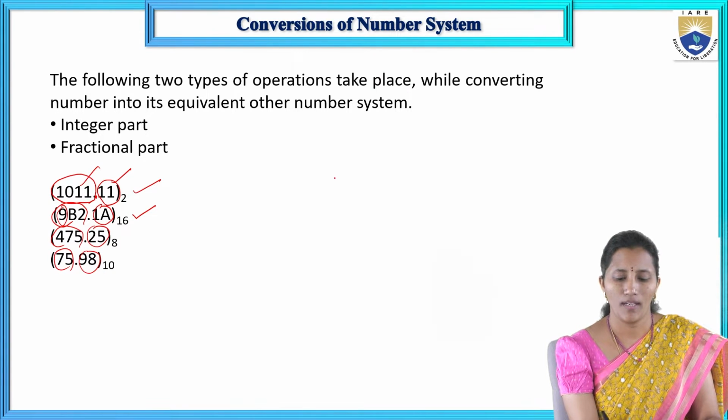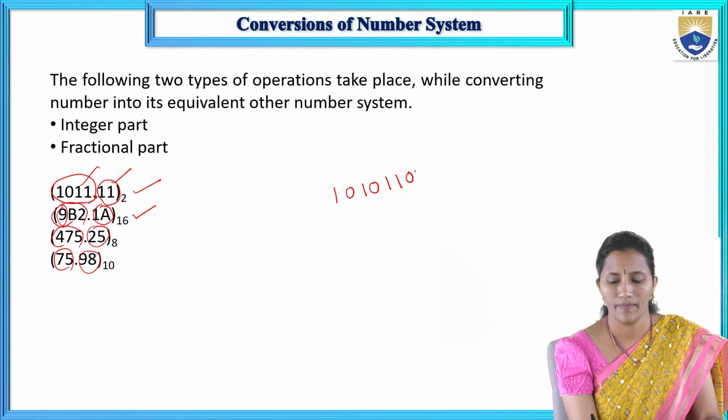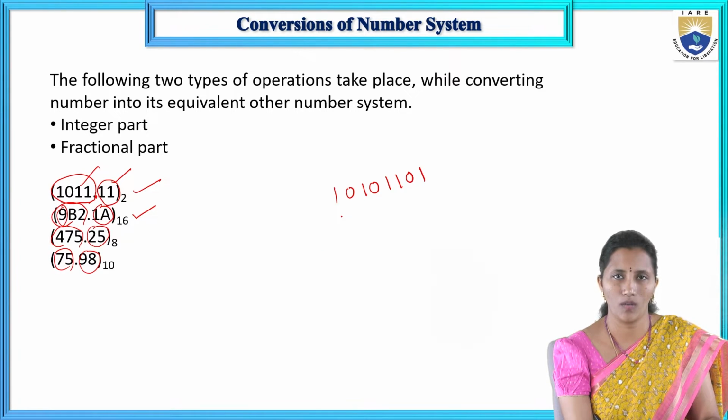If we take a number, for example, this is a number in the binary system, because each digit is represented by either 0 or 1. By seeing the radix, we can say that it is a binary system.